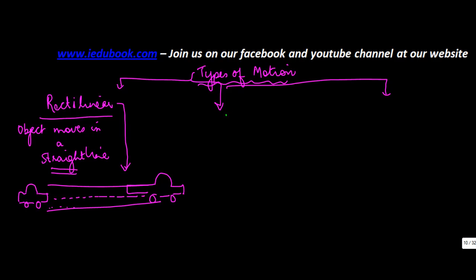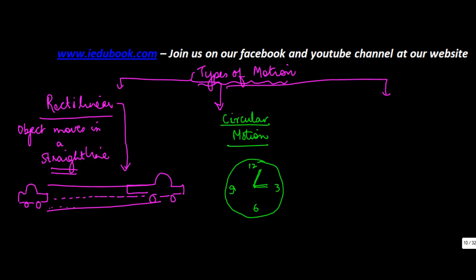right? The second one is circular motion. We all have seen clocks, right? You have two hands of clocks, right? One is the bigger one and the other one is a smaller one.